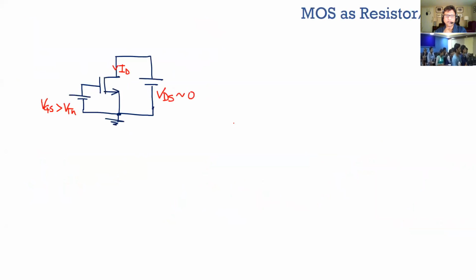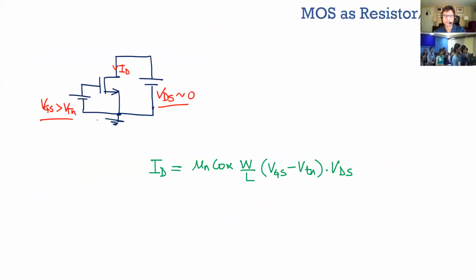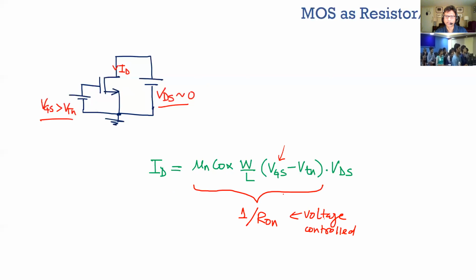NMOS as a resistor: this is the condition when your VDS is pretty close to 0 and VGS is greater than the threshold voltage. Then your current equation looks like this, and this term over here is your linear term. You can see that the linear term is dependent on the gate-source voltage, so you can actually change the resistance based on the voltage.